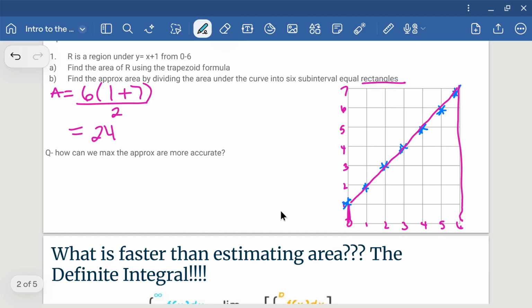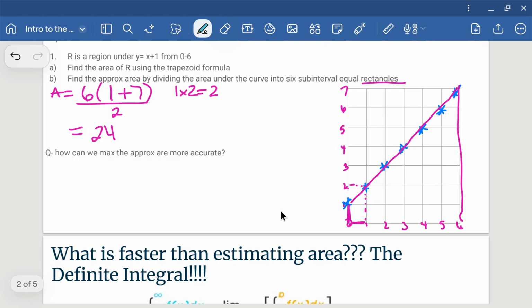The next part says to use subintervals of rectangles to figure this out. For the area of shape 1, the base is 1, and the rectangle I make goes like this, so my height is 2. So my first shape is 1 times 2, which equals 2. Then I move on.